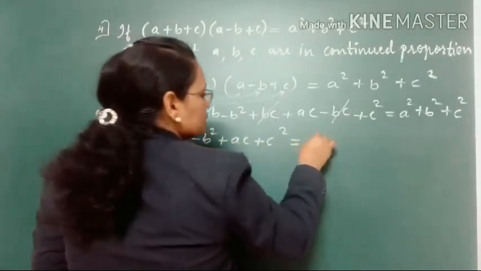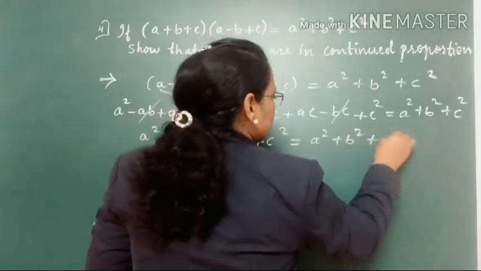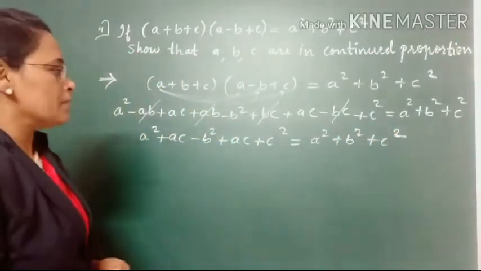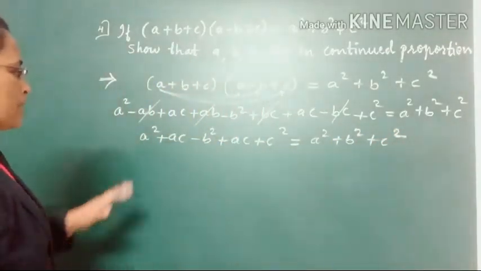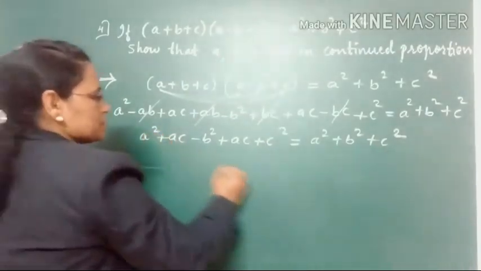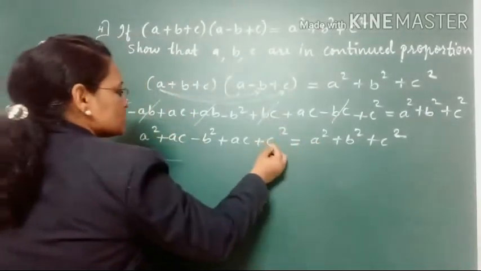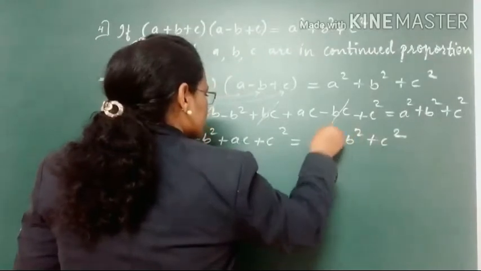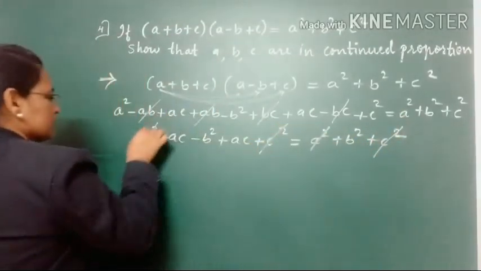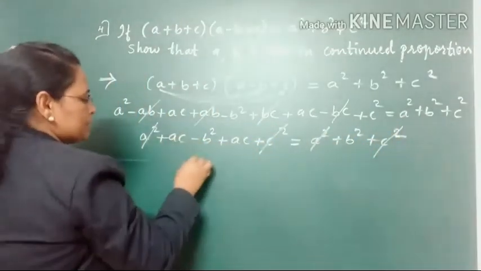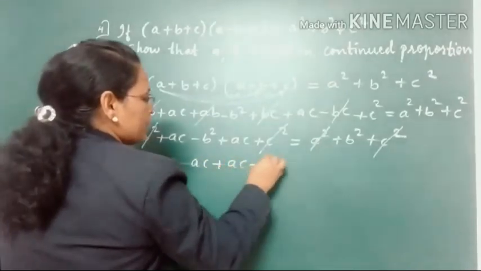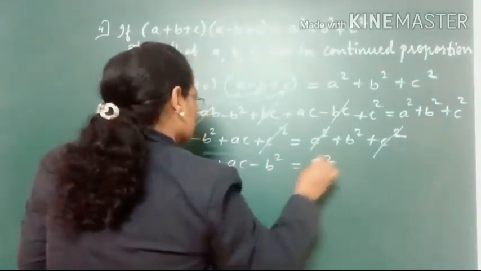And here on the right side it is A square plus B square plus C square. Now, can you see? A square, if we shift to the right side, and C square, if we shift here, it is going to be 0. So let's cancel this. So here AC plus AC minus B square is equal to B square.